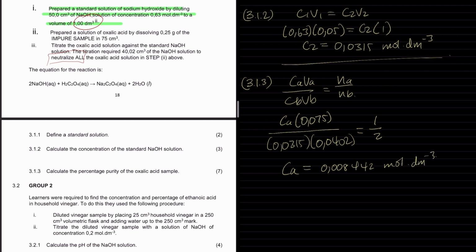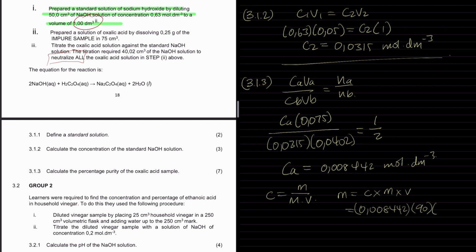Now that we have the concentration of the acid, we can calculate the mass of the acid that's actually in here. So remember the equation C is equal to M over capital M times V. We can rearrange this. We'll get that the mass is equal to concentration times molar mass times volume. Concentration is 0.008442. The molar mass of oxalic acid is 90.